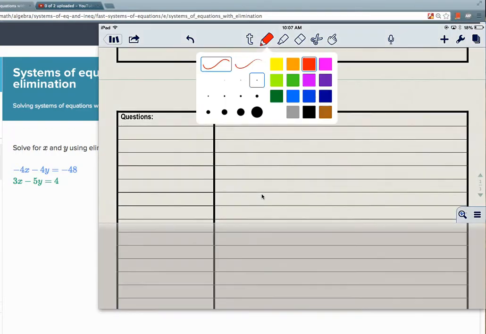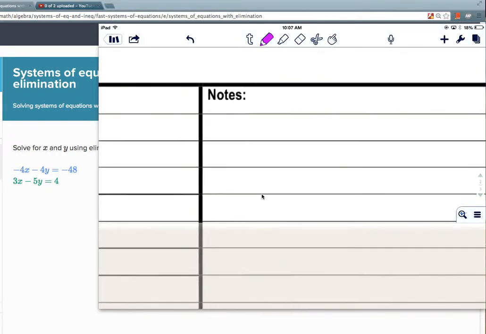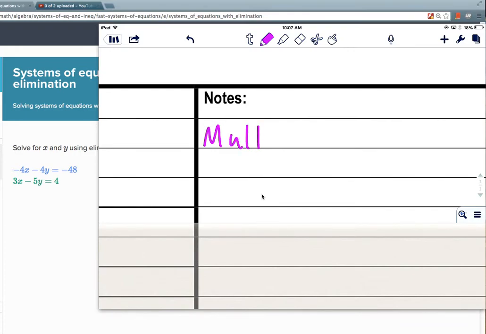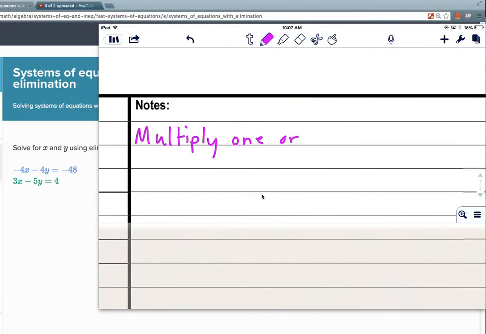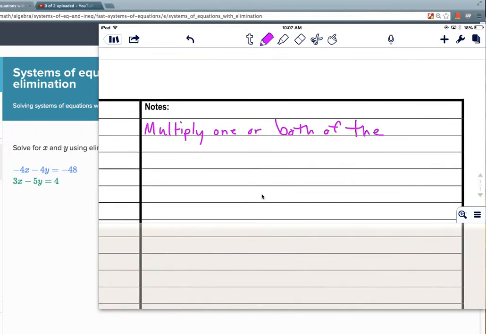So in order to make a system ready to add, multiply one or both of the equations in the system so that one of the variables will cancel.